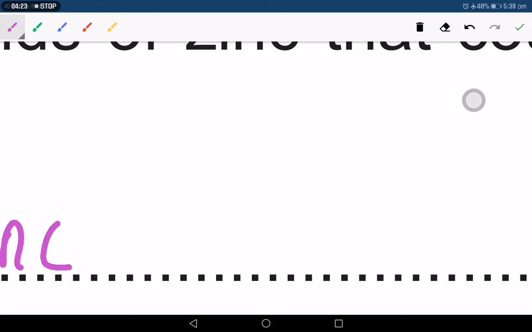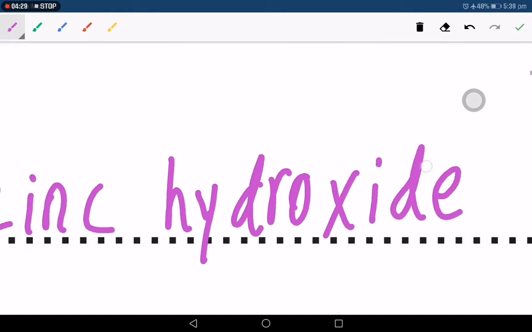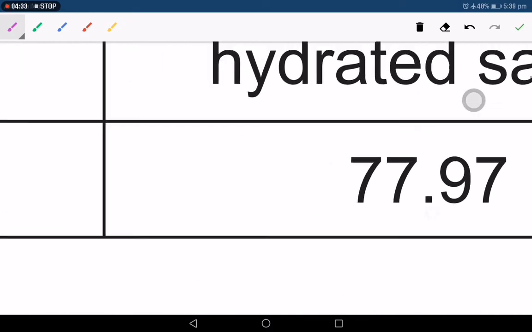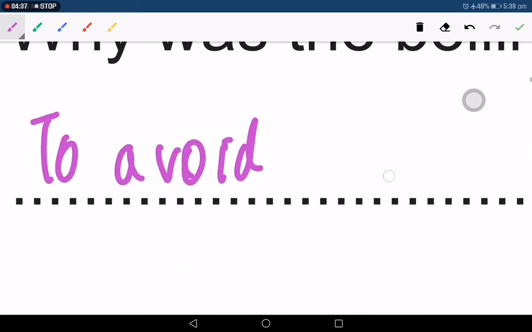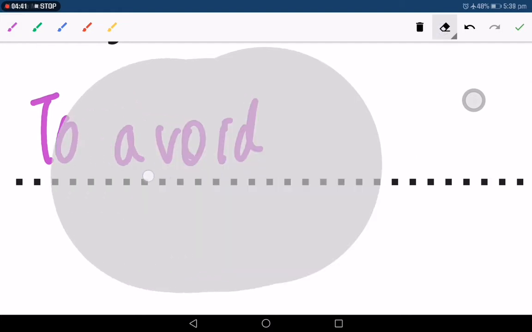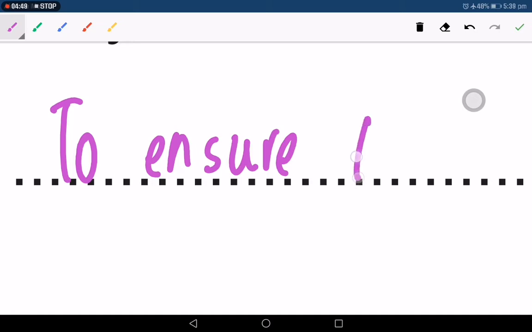You have to use zinc hydroxide. Zinc hydroxide will actually be safer. Just make sure you don't write zinc chloride, okay? For the answer, as a safer precaution, we like to write: to ensure that all water had been evaporated.